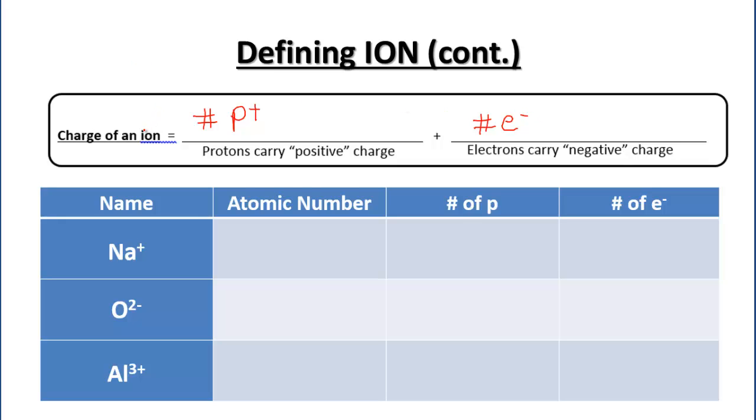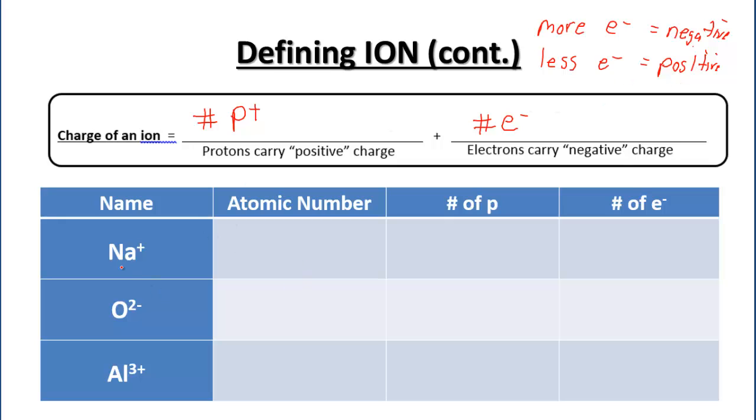The idea of backwards math: electrons are negative. So if you have more electrons, you're going to have a negative charge. If you have less electrons, if you take electrons away, you're going to have a positive charge. And so that's our idea of backwards math. Since electrons are negative, more negatives gives you negative overall. Less negatives gives you a positive charge.